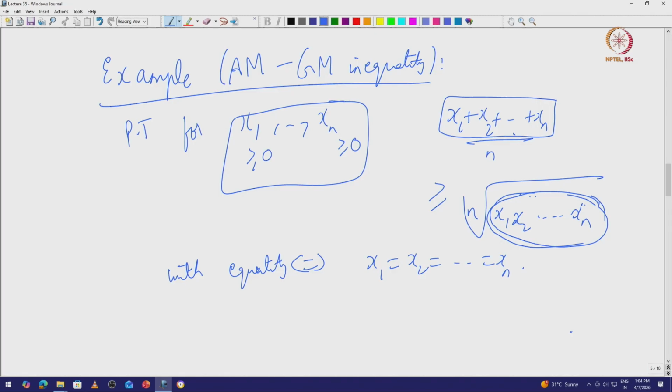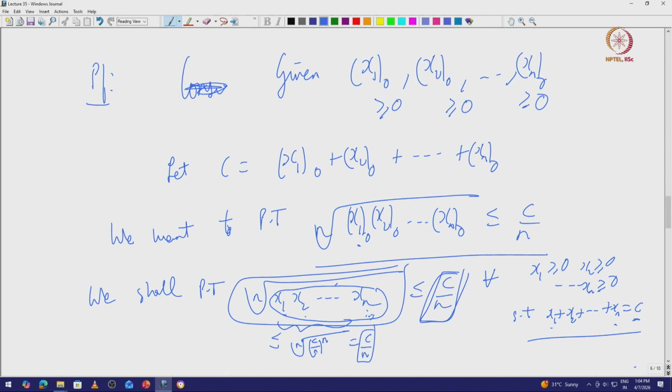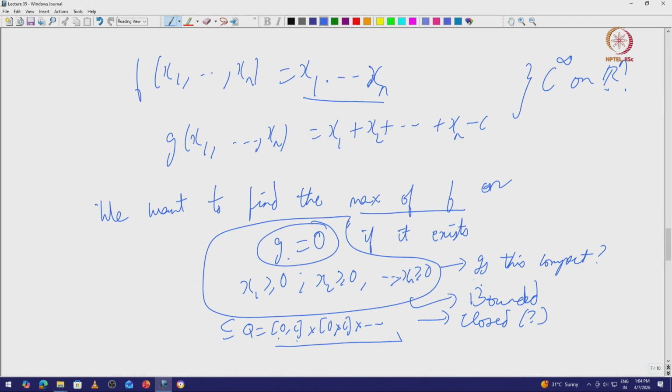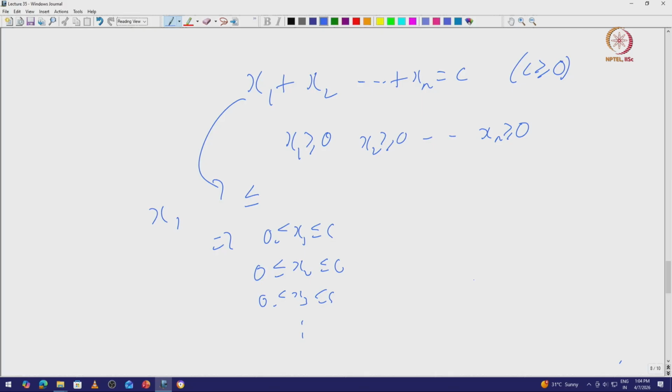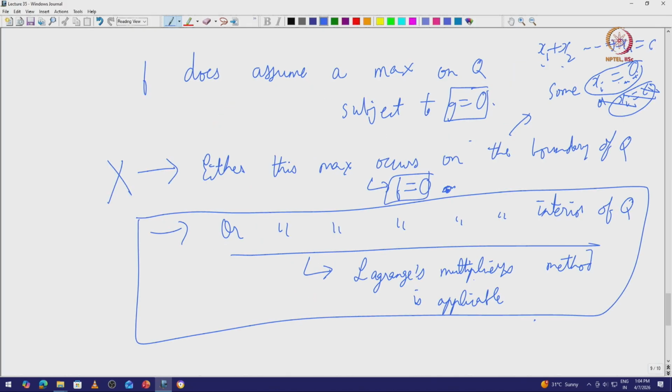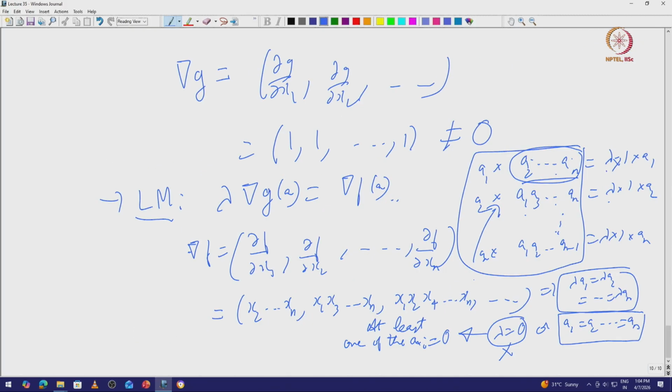You fix the right hand side to be something and try to maximize the left hand side, and hope that you actually do have a maximum, that you are on a compact set, then hope that the maximum is not attained on a boundary of something, and if it is attained in the interior, then you hope that the gradient of the constraint is non-zero at that point, and then you solve gradient of f equals lambda times gradient of g. So it's a general sort of a method to prove such inequalities, right? So that's why I like it.